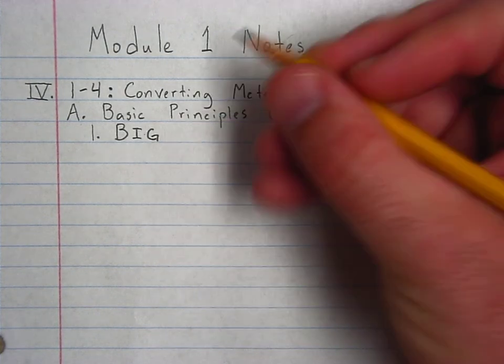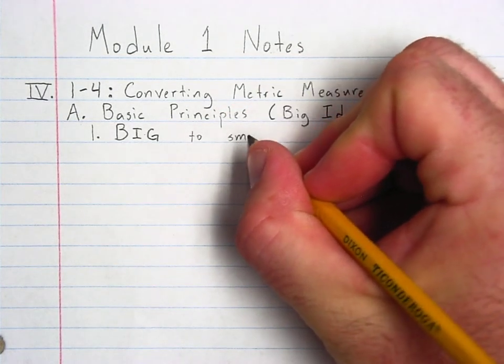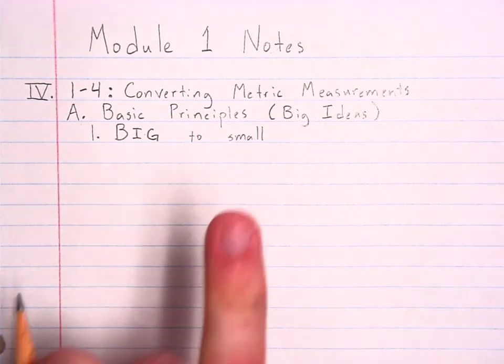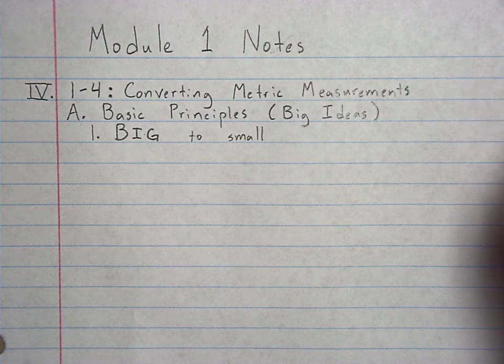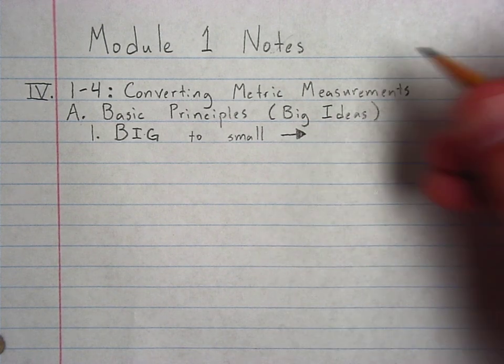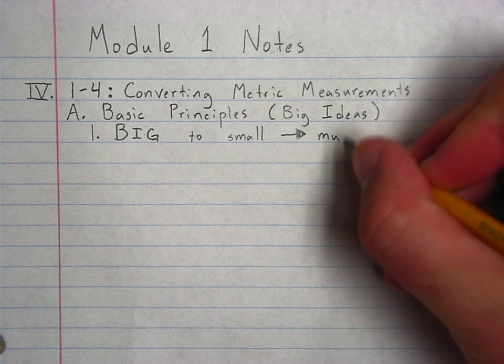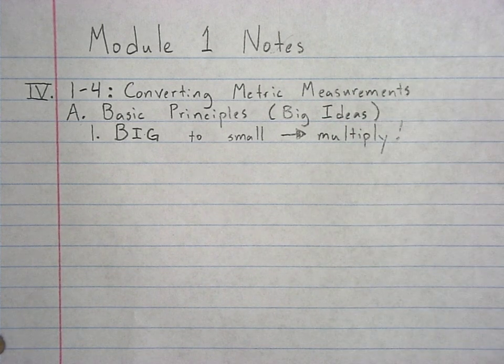If you're going from something like that to a smaller measurement, like a centimeter, which is just about my pinky nail there, if you're going from big to small, you're going to be doing some multiplication. You're going to multiply, and I'll show you some examples of that in a moment.